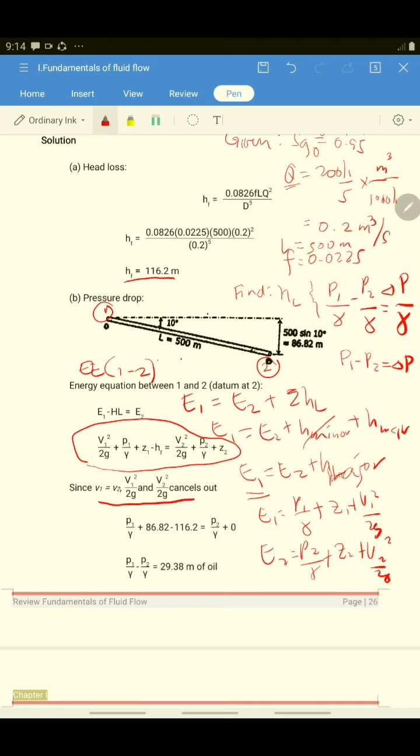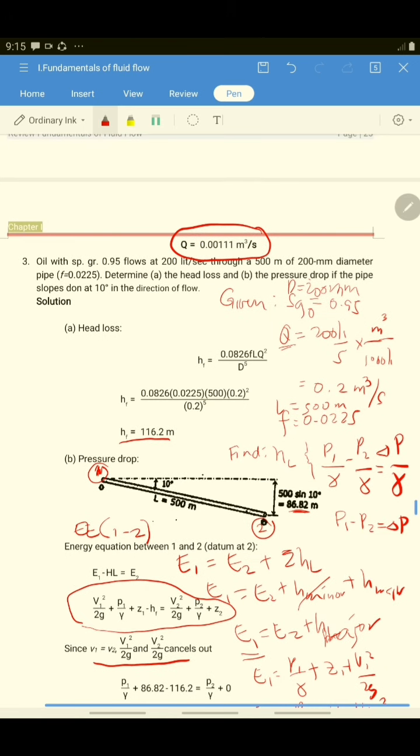Then what you have is the pressure head, because this is just a cut of the section. You just cut the pipe, that's why you have section 1 and section 2. So you have pressure there. So you have P1 over gamma plus, there, the head loss. The head loss is this one.